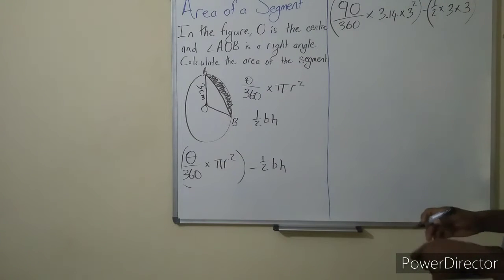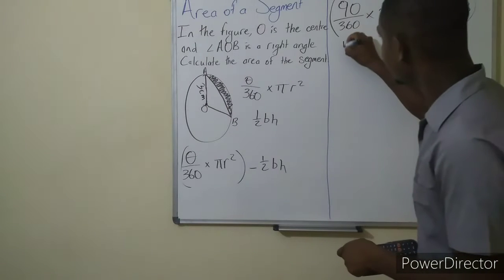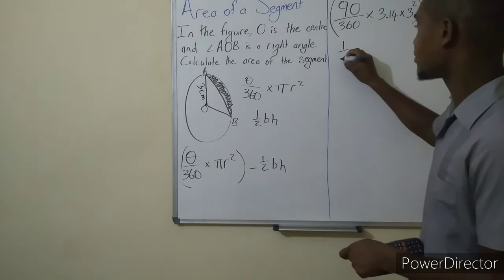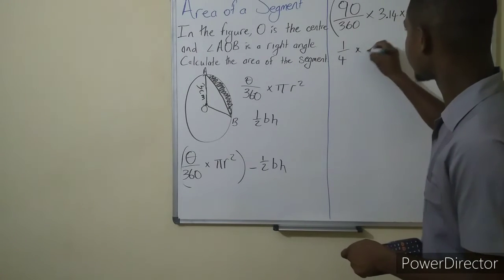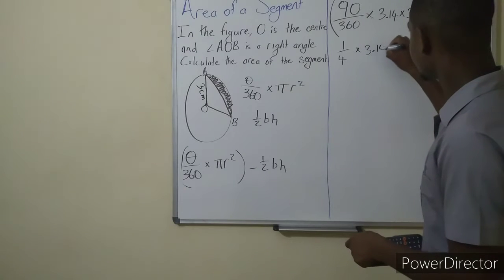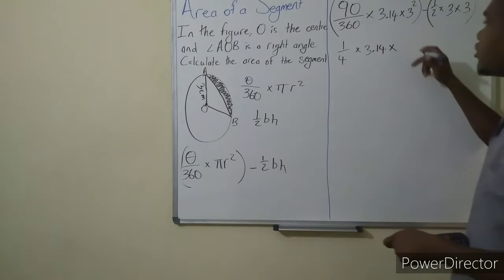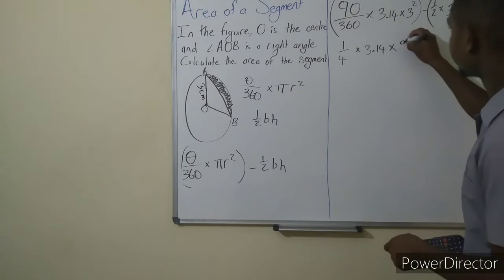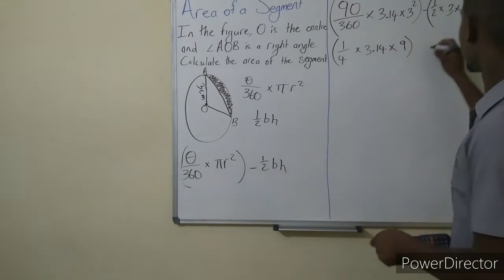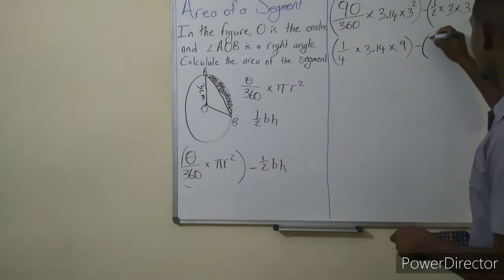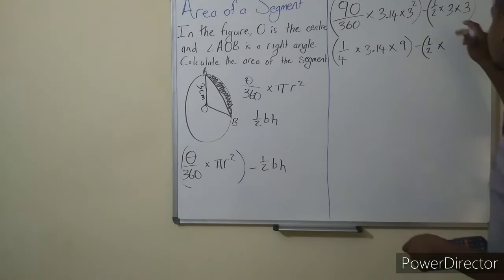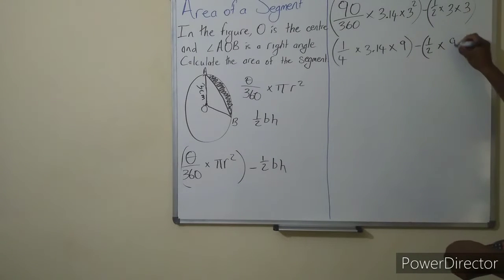Now simplifying these, 90 into 360 is 4, so that's a quarter, times 3.14 times 3 squared, that gives you 9, minus half times 3 times 3, that gives you 9.